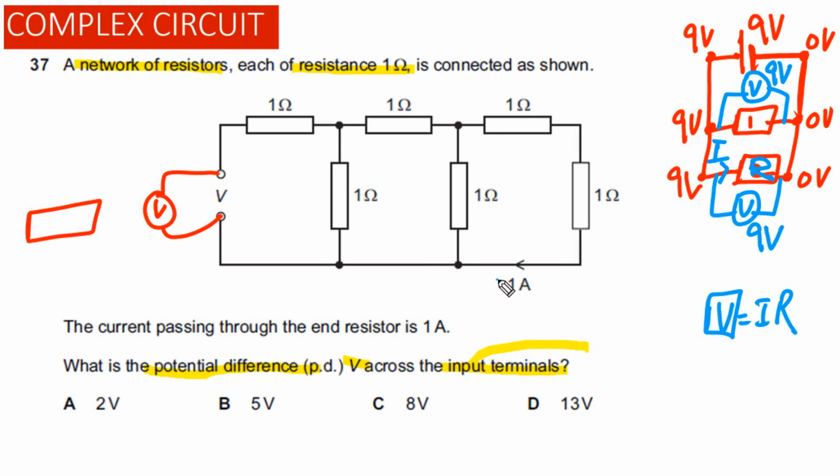Now as you can see here, current passing through this wire is equal to 1 amp. So we can also say current passing through this wire is also equal to 1 amp.